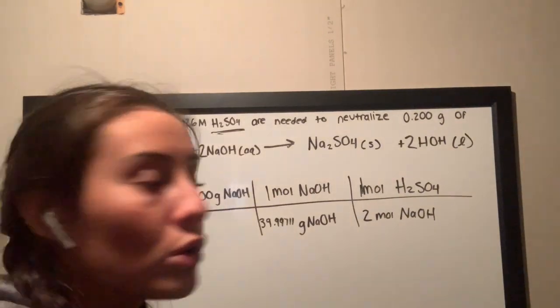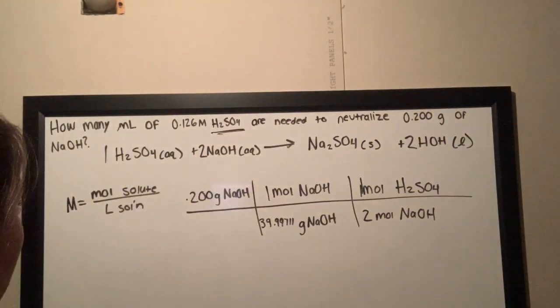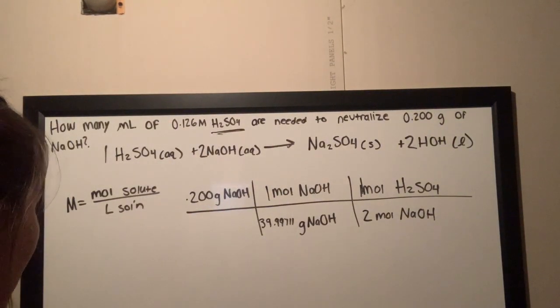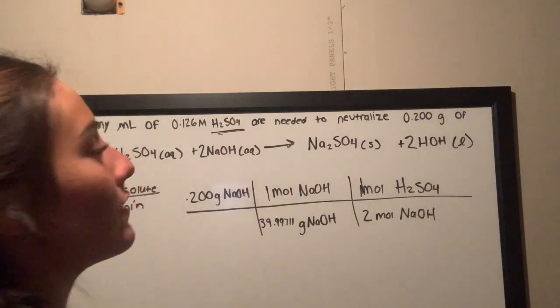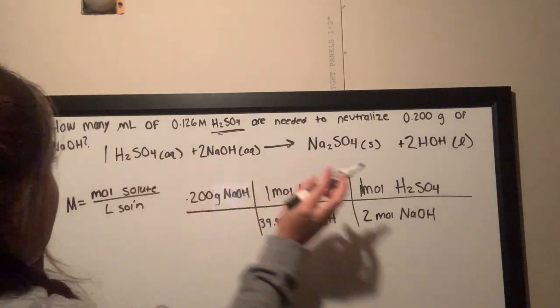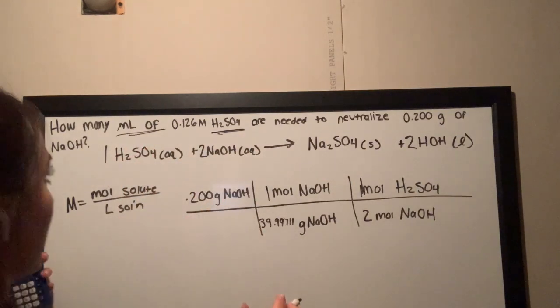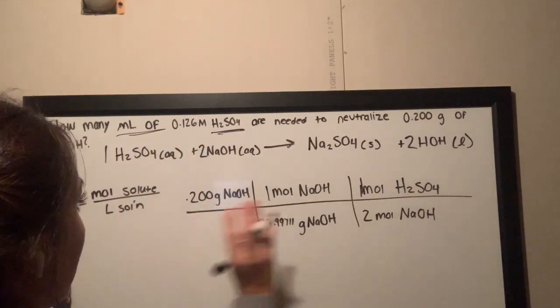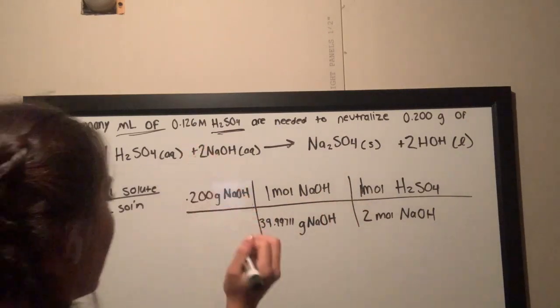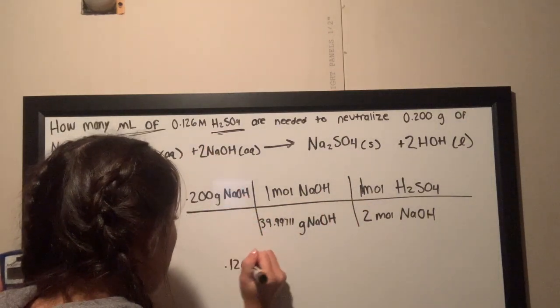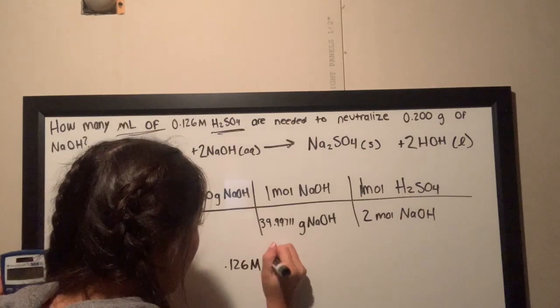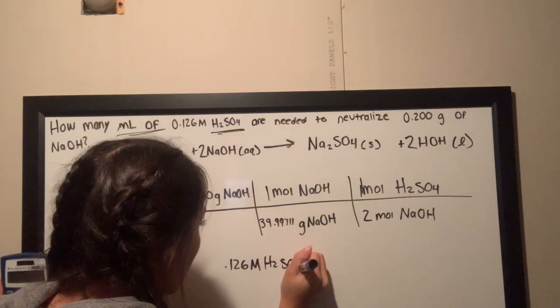And now we have moles of H2SO4, but that's not what we want for the final answer. What we're trying to find is the milliliters to plug into the molarity formula. So using the molarity formula and what we just calculated, they gave us 0.126 molar H2SO4. If you want to label it, you don't have to.